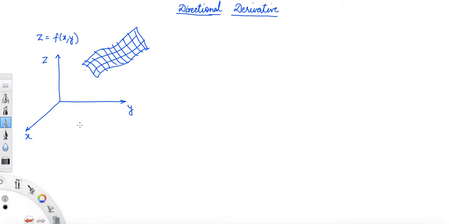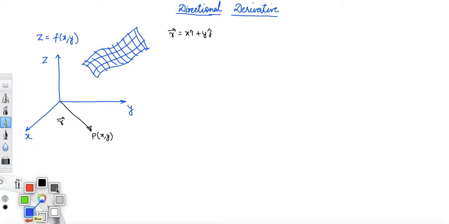And let's consider a point P in the xy plane whose position vector r vector is defined by its coordinates x, y. So we say r vector is equal to x i cap plus y j cap. And let's say I want to move an elementary displacement in any given direction whose unit vector is defined by n cap.